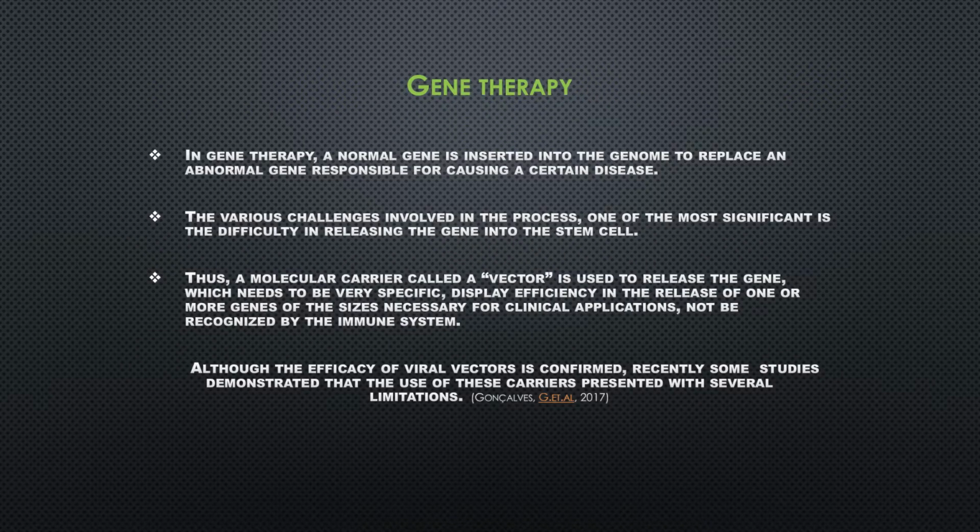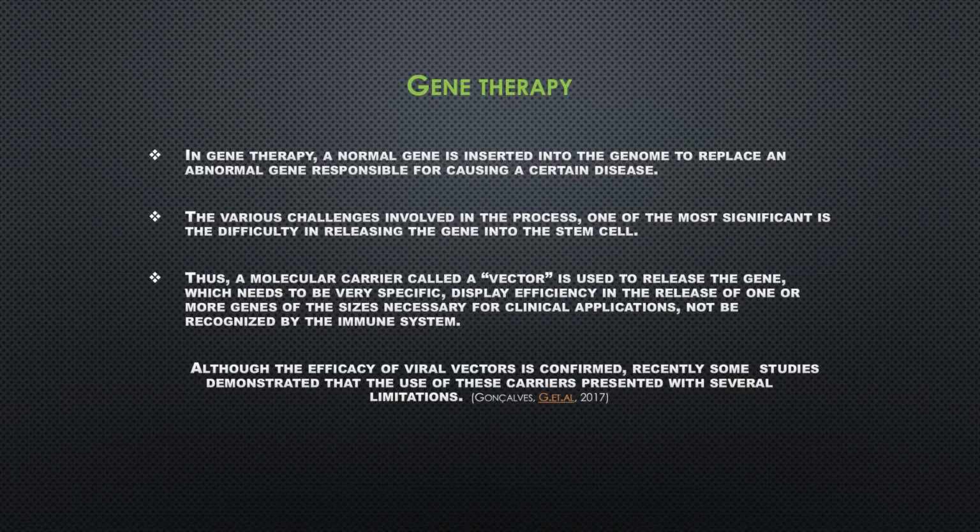Another shortcoming is gene therapy. In gene therapy, a normal gene is inserted into the genome to replace an abnormal gene responsible for causing a certain disease. There are various challenges involved in the process, and one of the most significant is the difficulty in releasing the gene into the stem cell.